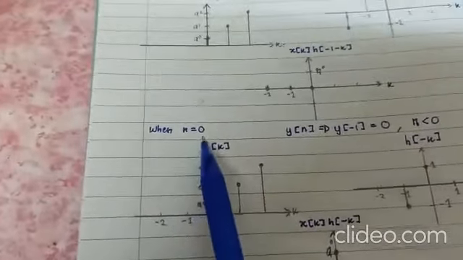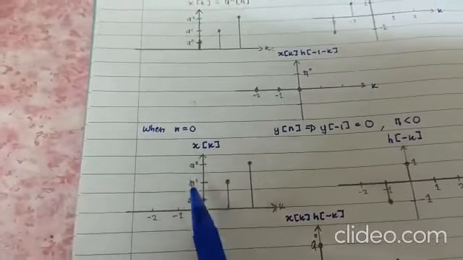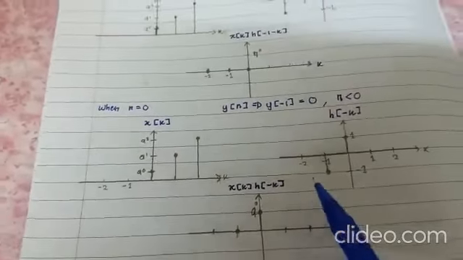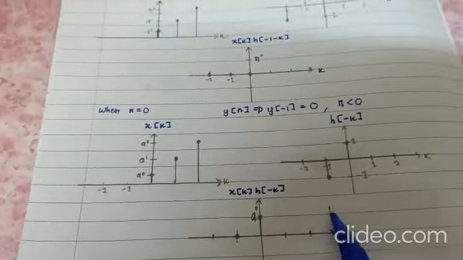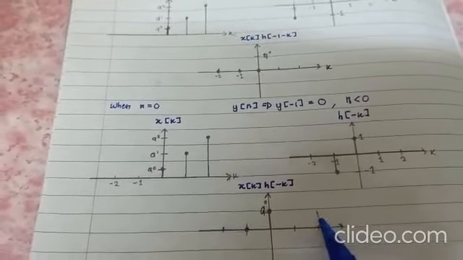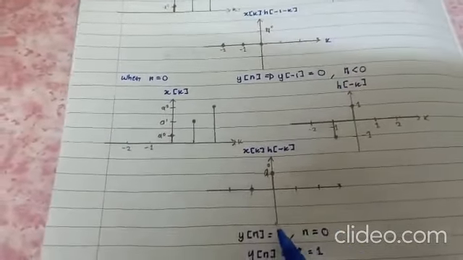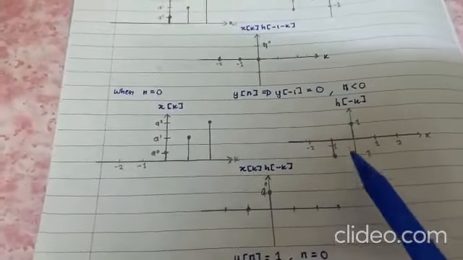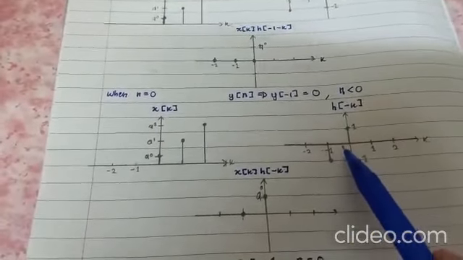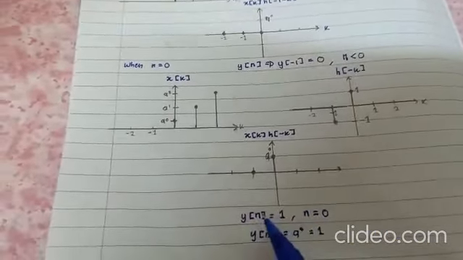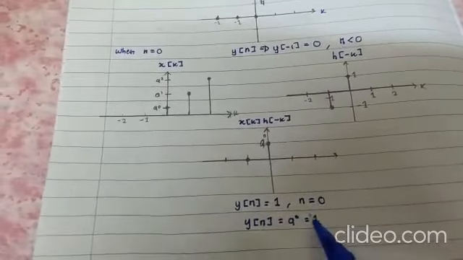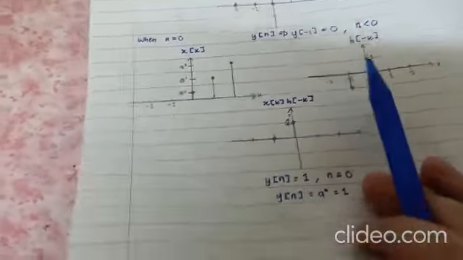And when n is equal to 0, we get a^0, which equals 1, because any number to the power of 0 equals 1. So when n is equal to 0, our yn is equal to 1.